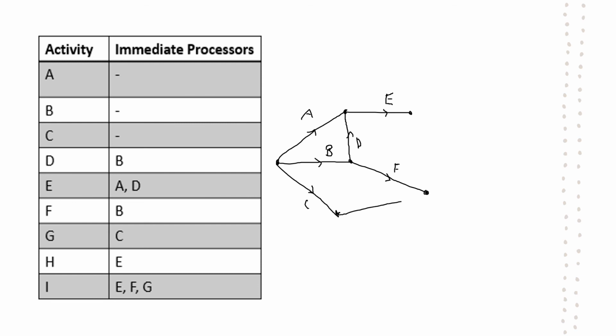It's also going to come off of E, but that's where we're going to have to put in our dummy activity in a moment. H comes off of E. And I comes off of E, F, and G. So I'm just going to put I there for now.